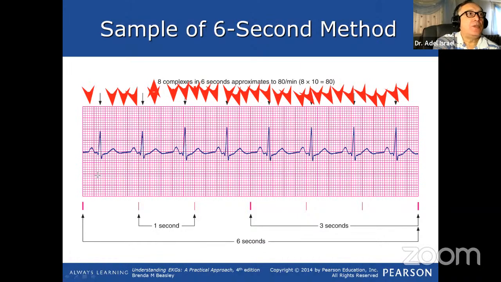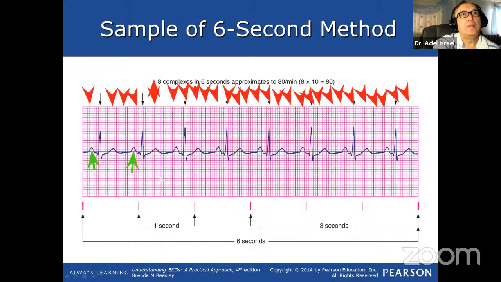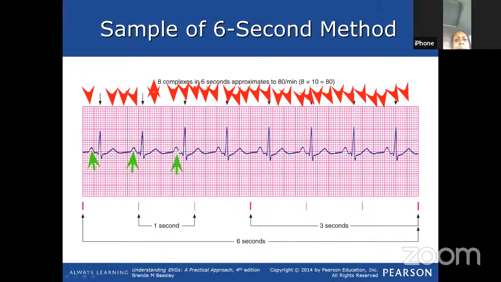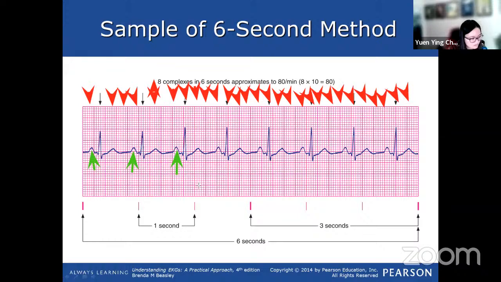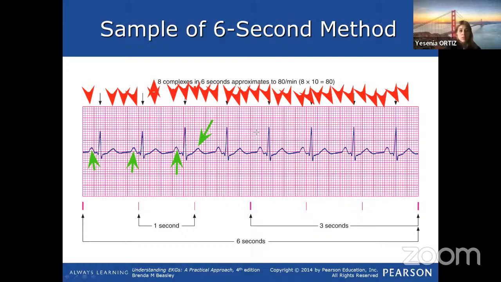Let me ask you, one of you, what is this wave? P. Very good. Again, what is this wave? P. Very good, very good. And this? P. Very good. So all the green arrows are P waves, and we know the criteria of the P wave. Very good. If I ask you in the opposite direction, what is this? T. Say it again. T.